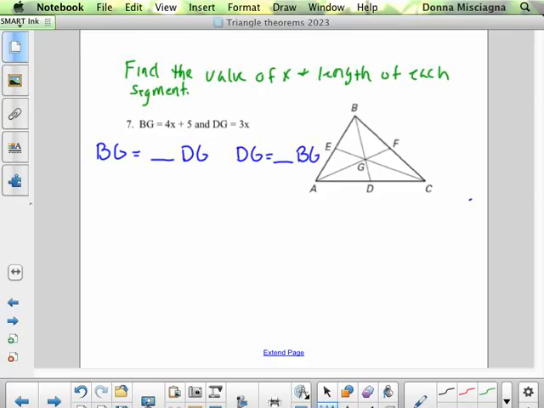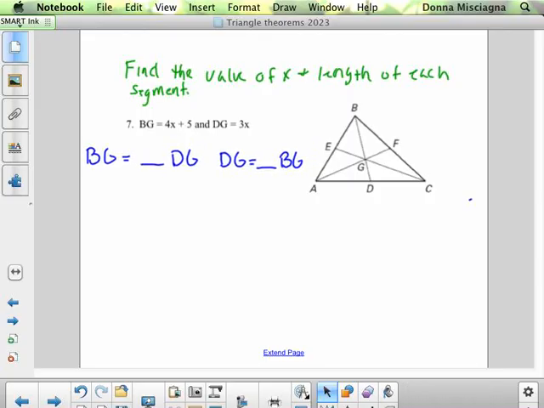Either one would solve the problem, but one might be a little easier of an equation than the other. Sometimes it won't matter. Sometimes it'll be pretty much the same and it won't matter which one we solve, but one might be easier. So let's figure out the relationship between BG to DG and then the other way around, DG to BG.